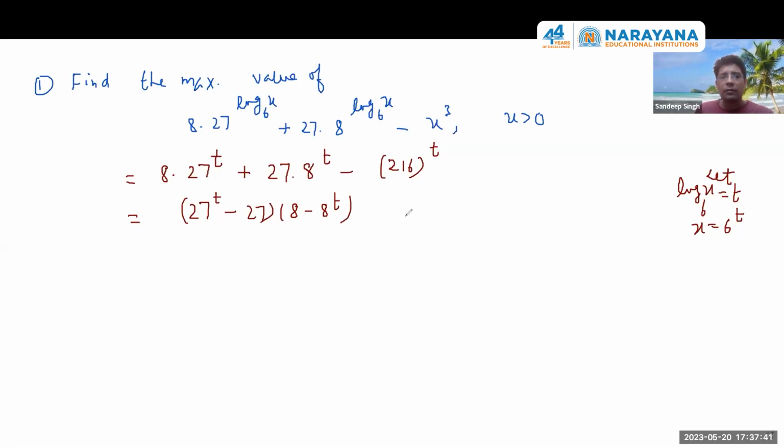I can write it like this. Please check. And then plus I can write 216. Please check, all of you. Are you able to follow this? Now see what you can observe directly.